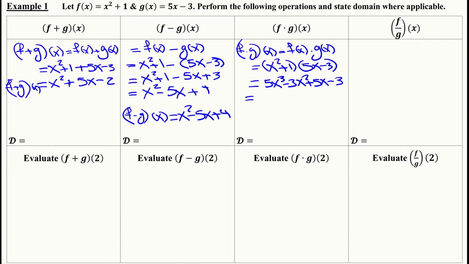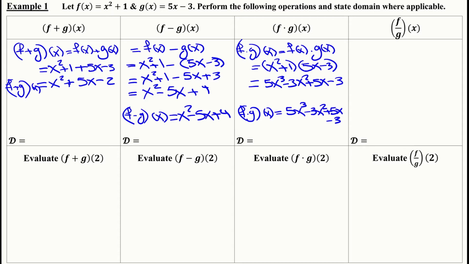So now we see if we have any like terms, and we notice that we do not. So we're basically finished. So as far as what f times g of x is concerned, we just have 5x cubed minus 3x squared plus 5x minus 3.